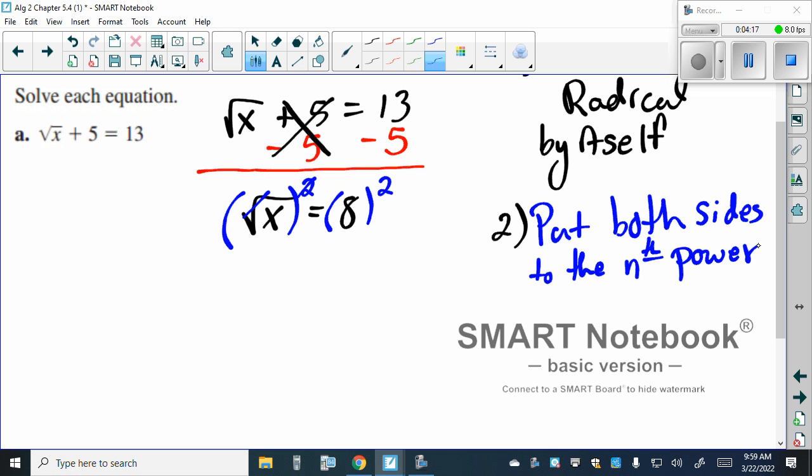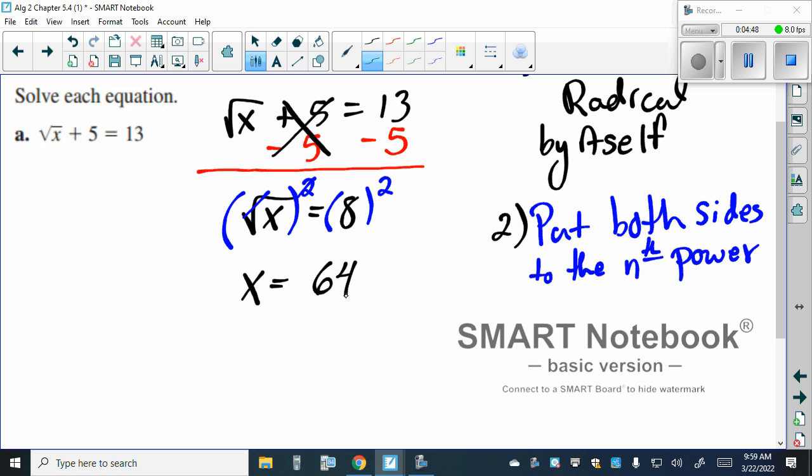Well, for here, we're not using the nth power, we're using the second, because we're dealing with a square root. If we had a cube root, we wouldn't use squares, we would use cubes. We would use 3, because we're matching whatever the radical is. Now, the square root of x squared is x, yes? On the other side, we have 8 squared, which is 64.